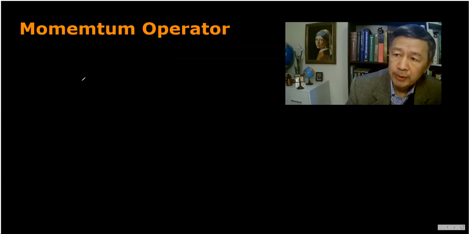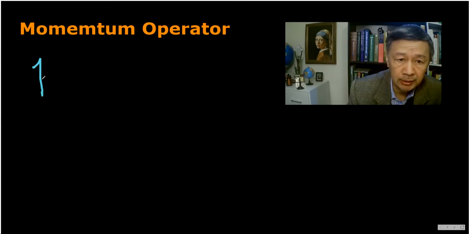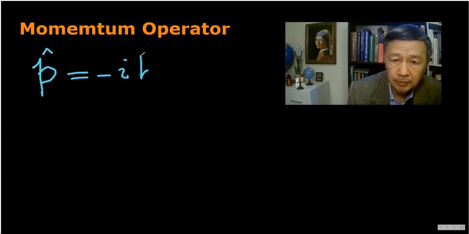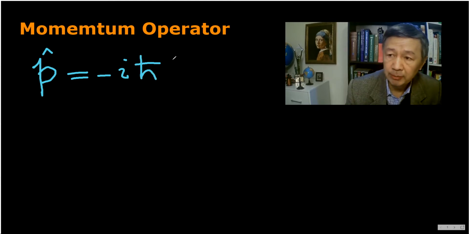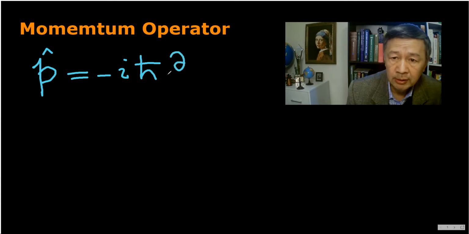The momentum operator can be written, as in any textbook, as P equal to negative i h bar times the first derivative. In the one-dimensional form, it's just ∂/∂x.